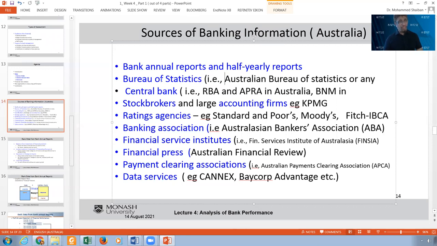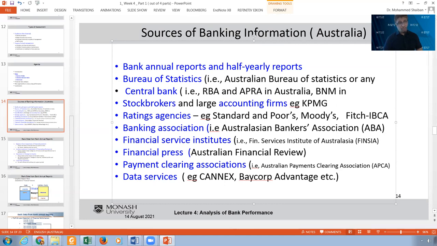Now the Bureau of Statistics is different. We have one in Australia, but also in Malaysia and some other countries. This department is only for statistics. Of course, we have the central bank. Stockbrokers provide information. Rating agencies are very important. Banking associations also keep information about banks.